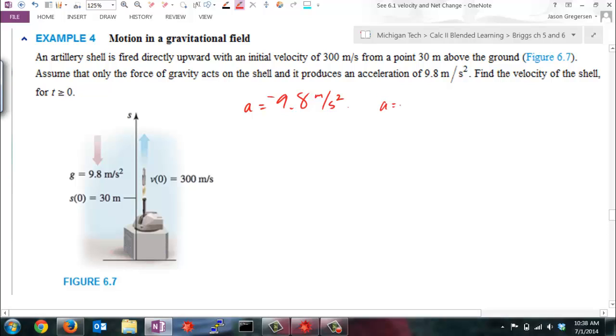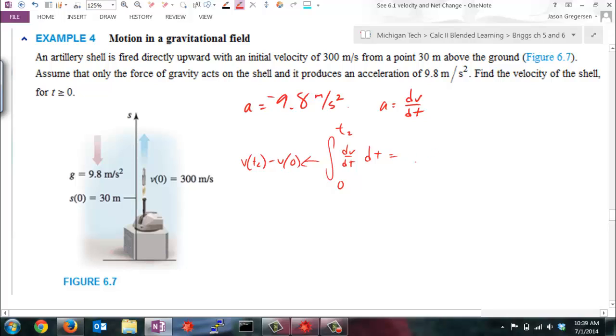But acceleration is just the derivative of velocity with respect to time. So we can integrate our acceleration with respect to time from 0 to some later time. I'm going to call it t2. And on the one hand, our acceleration, which is the derivative of velocity with respect to time, should give us the velocity at t2 minus the velocity at time 0.